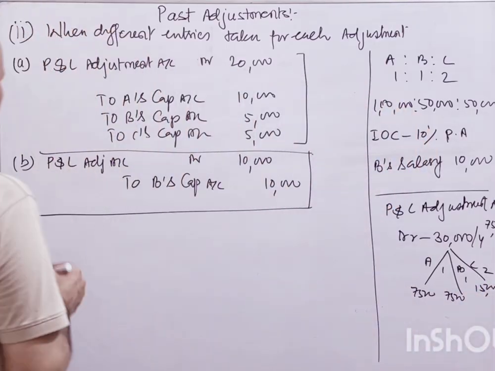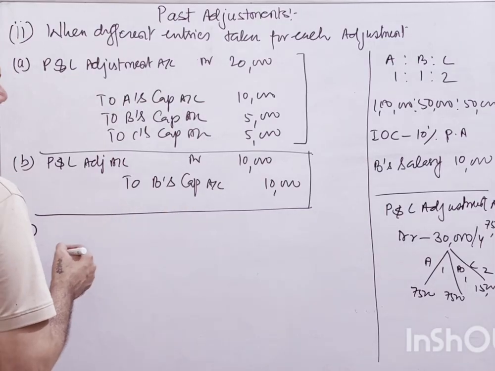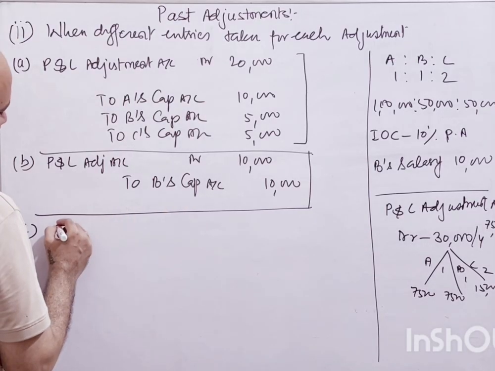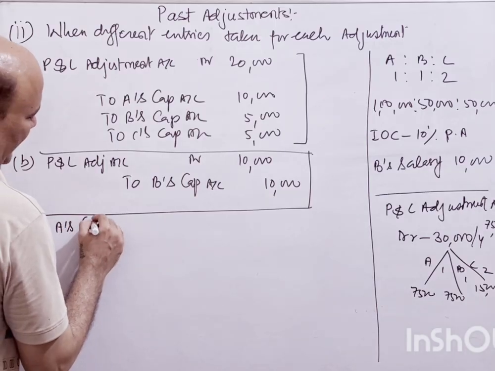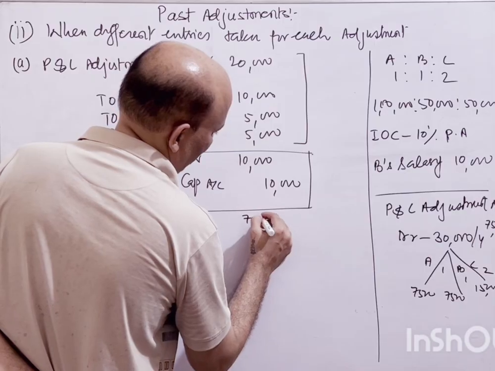So what we are going to do is, to adjust all the debit balance of the profit and loss adjustment account, we will take A's capital account debit, that is 7,500.